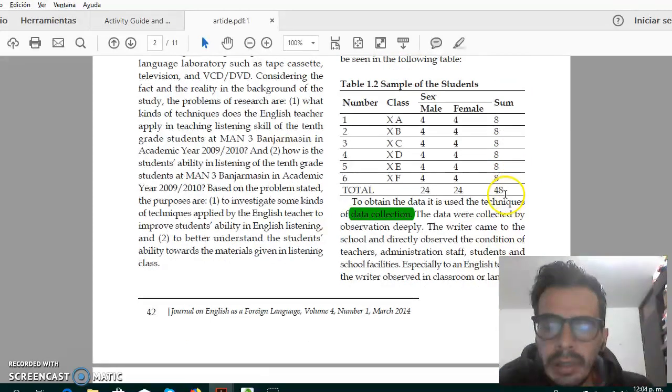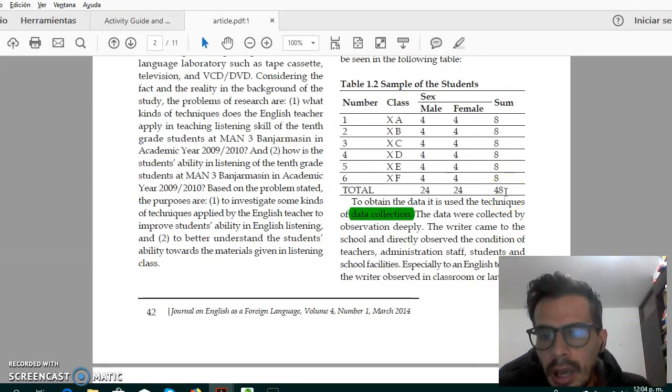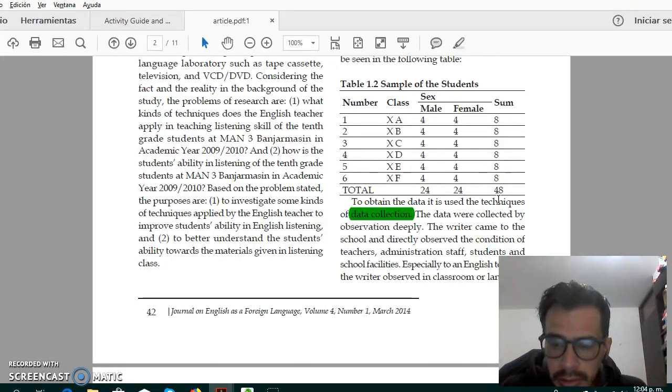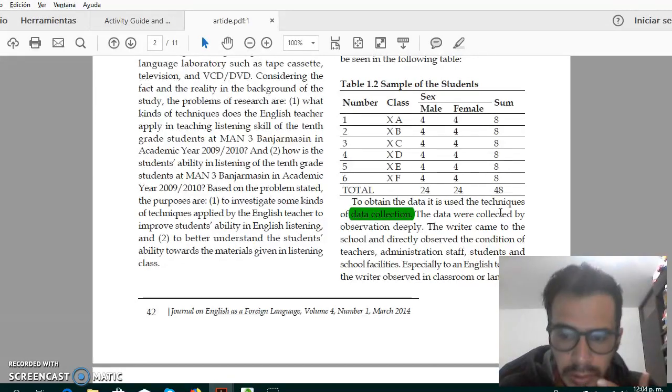As we can see, the total of students when the proportion is applied for the sample is 48 students. With these 48 students, the researcher obtained all of the data.